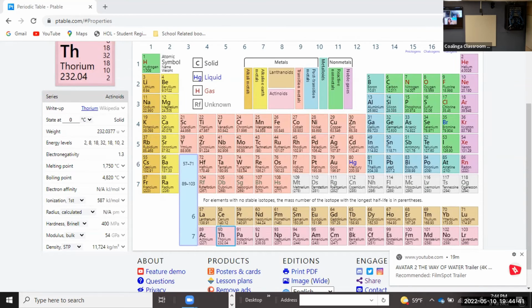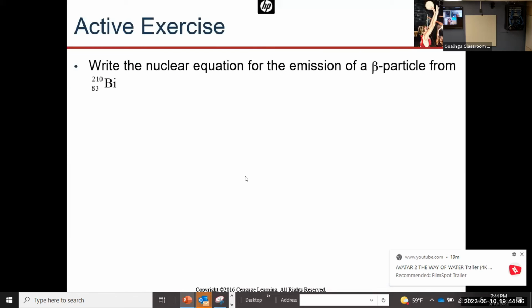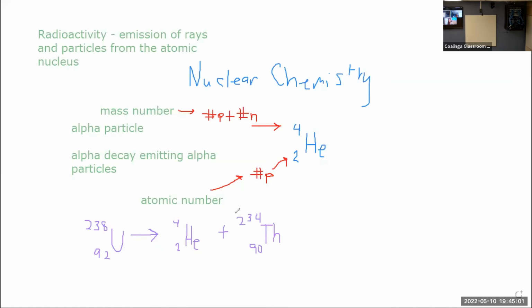So we have a radioactive thorium-234. If you take a look, the alpha particle is always going to be helium-4.